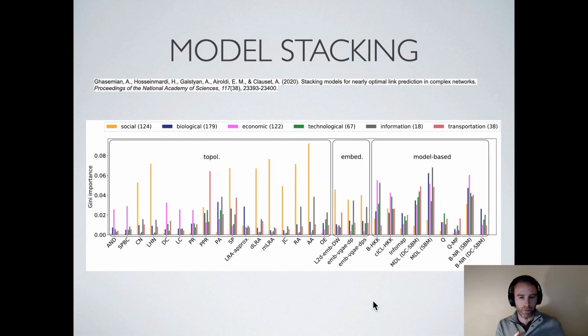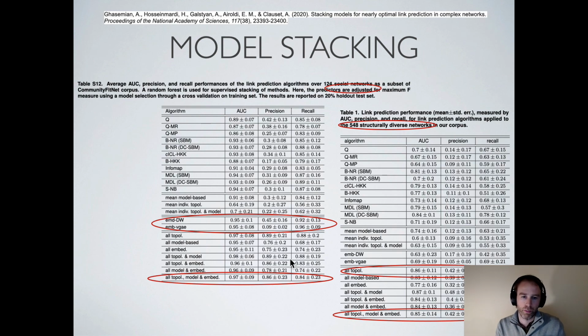So what they proposed in this paper, you see the title of the paper is a stacking model for nearly optimal link prediction in complex networks. What they propose is a model that takes all these different results and combines them in an efficient way to make the best possible prediction.